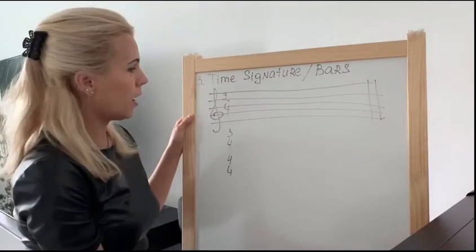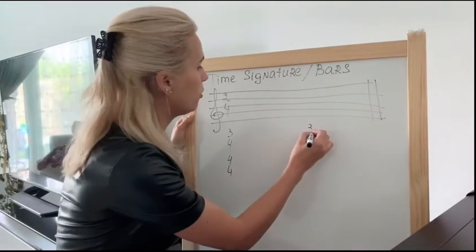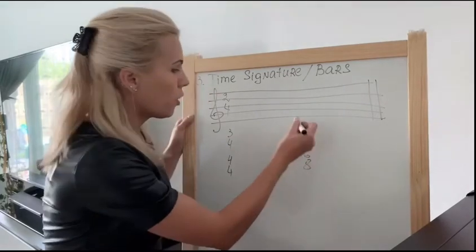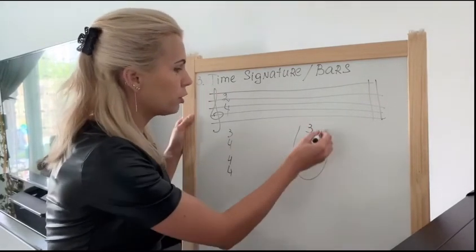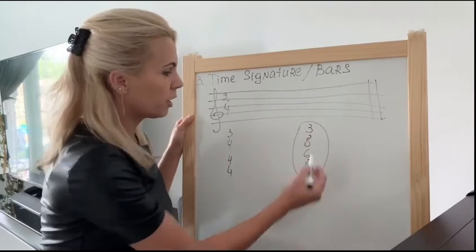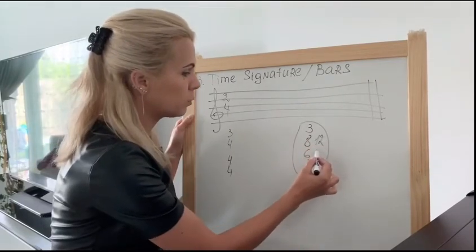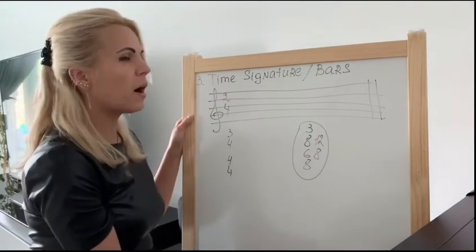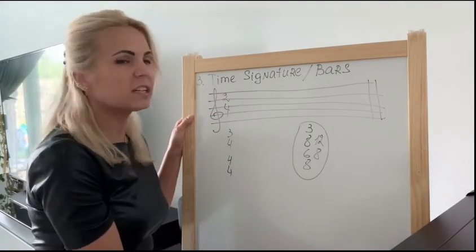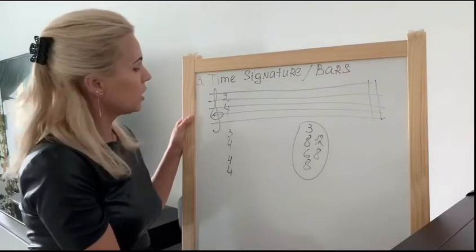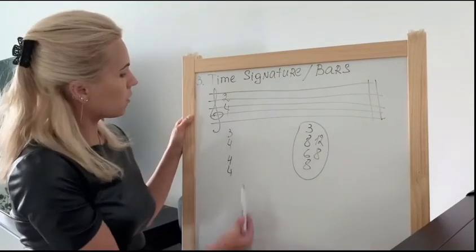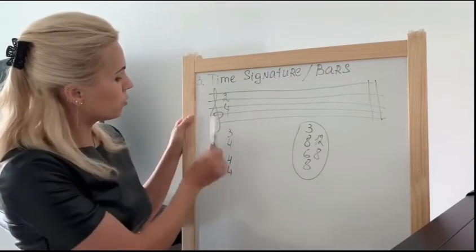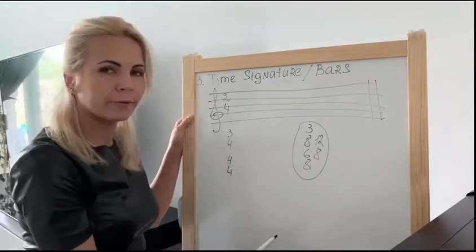Also, I can have 3/8, 6/8, and actually 12/8 as well. Those types of time signature I will explain in my intermediate theory course. So within this course we will cover only 3 types of time signature, and that is 2/4, 3/4 and 4/4.